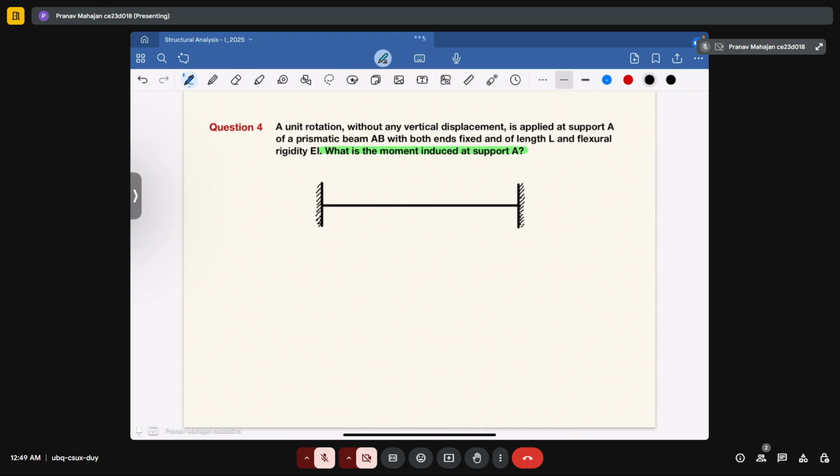Now the question is telling you that you are providing a unit rotation at the end A. But end A is a fixed end, so that means no rotation will be there. So now what will we do? We will change this structure into a propped cantilever with end A to have the hinge support. Okay, then only we can provide unit rotation.